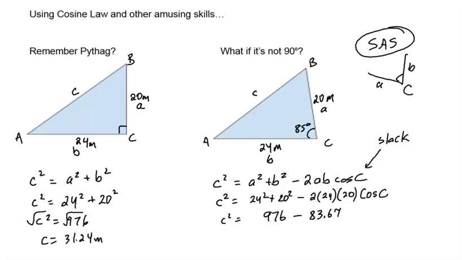And so we see that we're going to be actually taking the square root of a smaller amount. So let's work this out quickly, 976. And notice I've rounded that 83.67. You would use the full calculation number in your calculator.